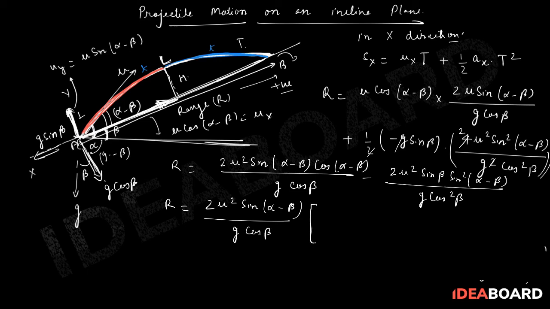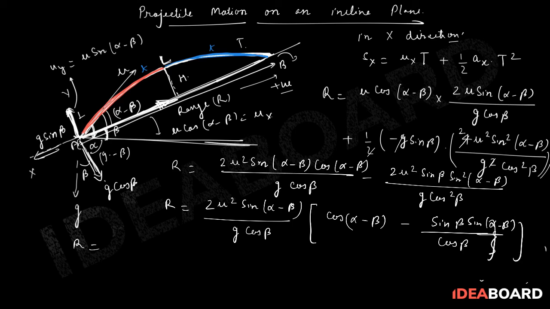Now inside, remaining is cos(alpha minus beta) only, and minus, I am remaining with inside one sin beta term, and divided by there is only cos beta term. Check whether something is left. Yes, of course one sin(alpha minus beta) is also remaining, so this is going to be the remaining term.